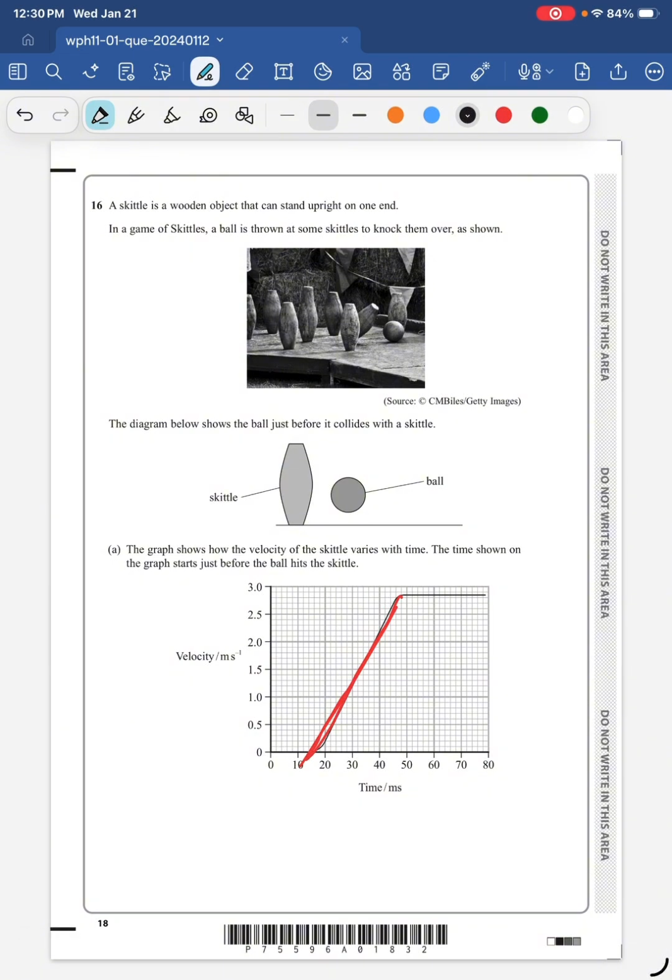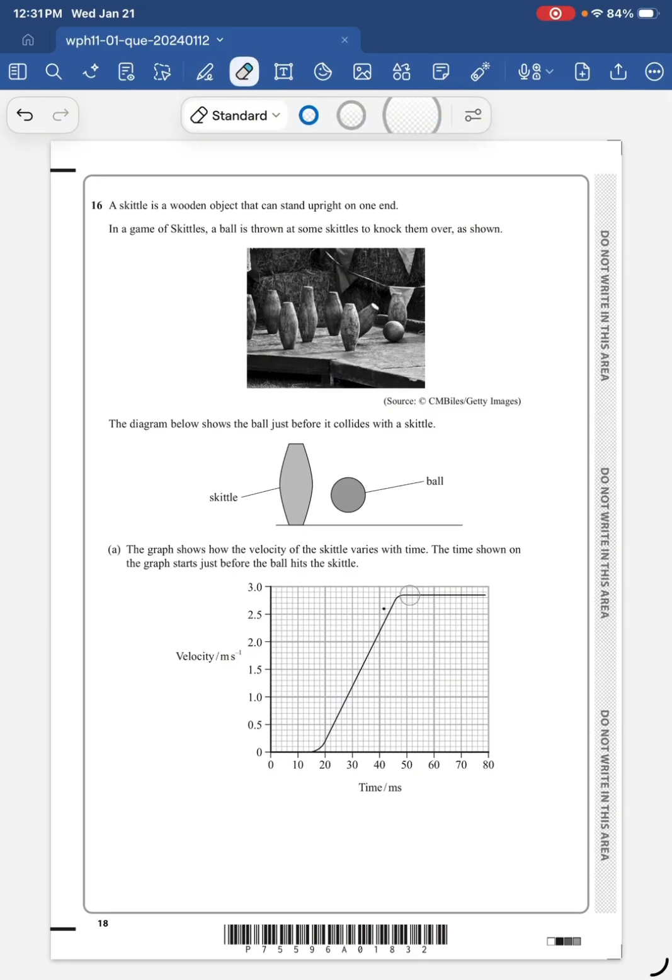In my notes I took different points. Okay, let me try something different. We can take this point over here and this point over here, or we can take this point or this point. Any 2 points are good, but it's good to take them far apart.